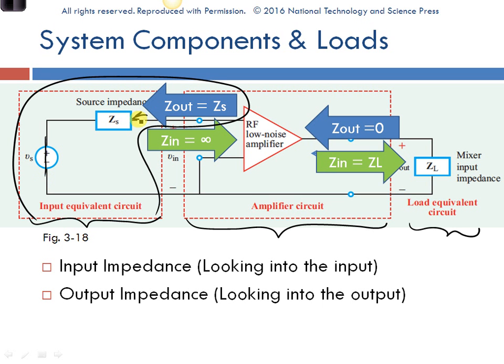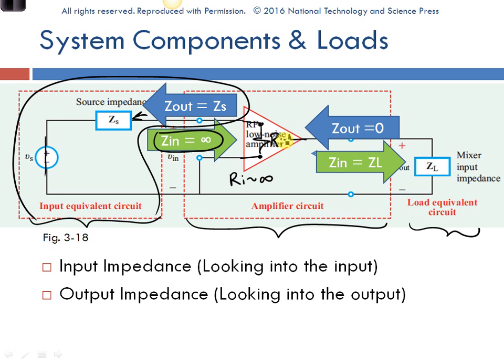Now let's consider the amplifier circuit. Looking into the amplifier, remember the fact that when we have an op-amp, the input resistance is approximately infinity. It's very, very high. So when we look into an op-amp, Zin is equal to infinity. Let's consider the Zout.